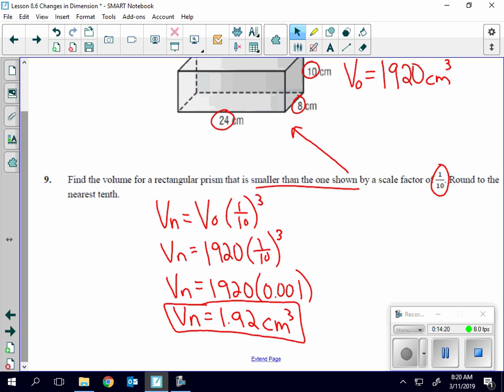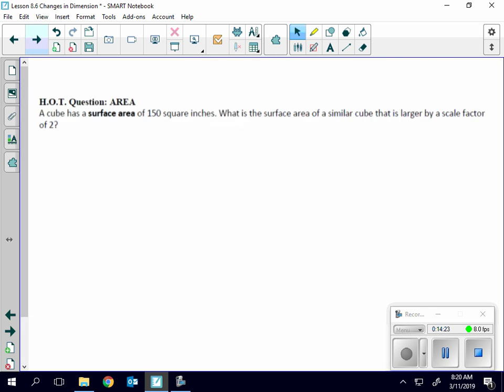Okay. Then we have the hot question. I'm not going to do it for you, but I'm going to let you think about this. A cube has a surface area of 150. We're talking about area now instead of volume. How many dimensions does area have? Area has, well, if we find area as like a length times width, or base times height, how many things are you multiplying? 2 things.